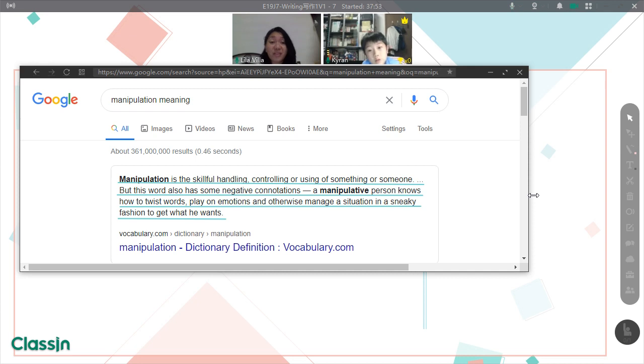Yes, a manipulative person plays on words and emotions and can manage situations in some sneaky way to get what he or she wants. In other words, a manipulative person wants to control another person, don't they?